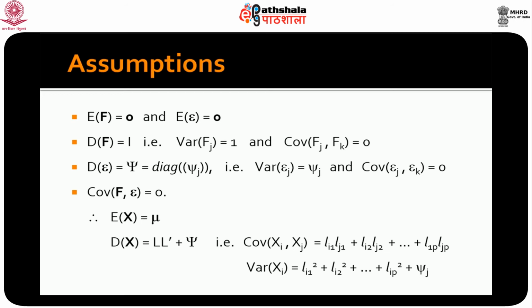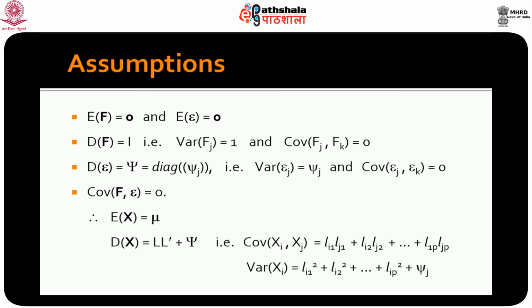Now, in this case, it reduces to expectation of x is equal to mu and the covariance of x is equal to L L prime plus psi. We will call this sigma. Now, this really means that if you look at the covariance between xi and xj, then it would be given by Li1 into Lj1 plus ... plus Lip into Ljp.